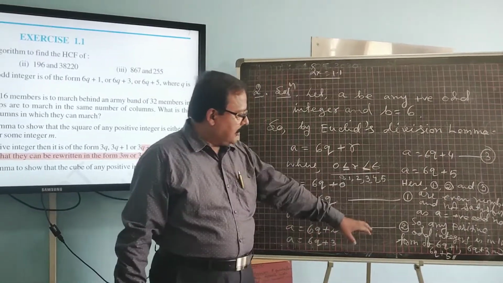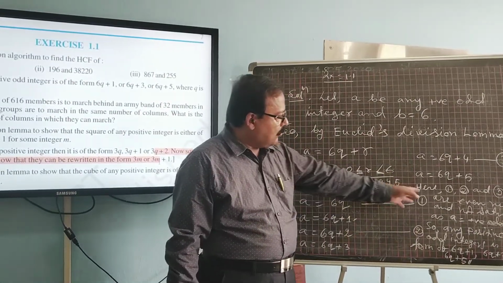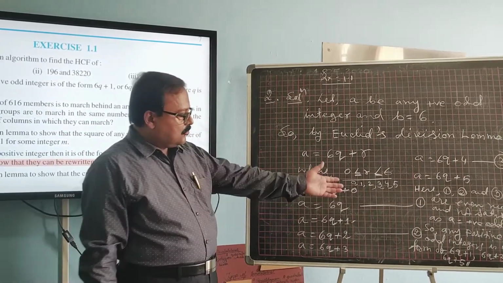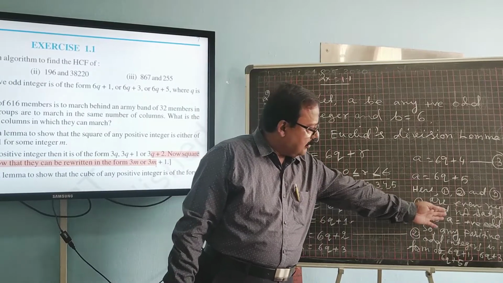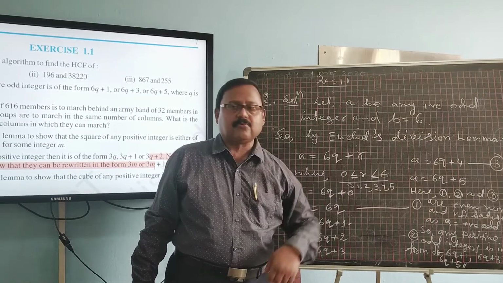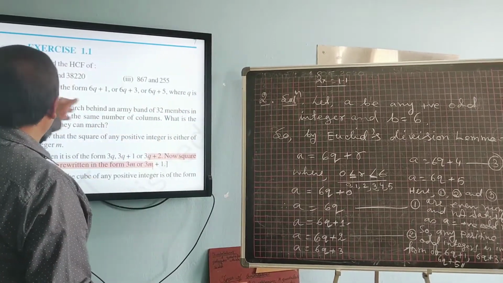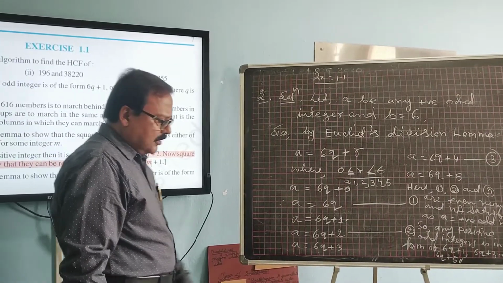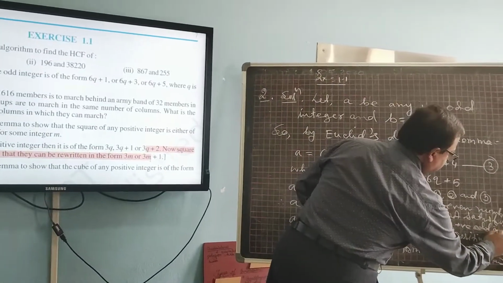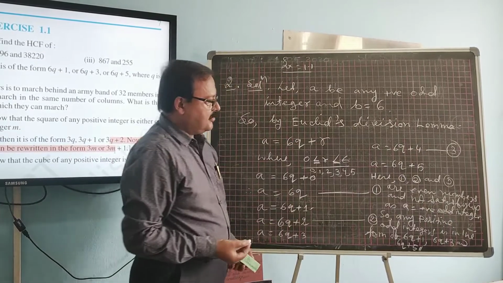Then we mark these three as 1, 2, 3, and these are even numbers or even integers. So the remaining ones are not satisfying, as a is given to be a positive odd integer.